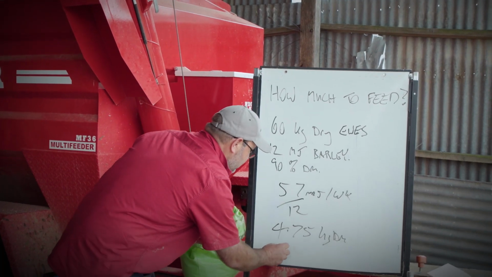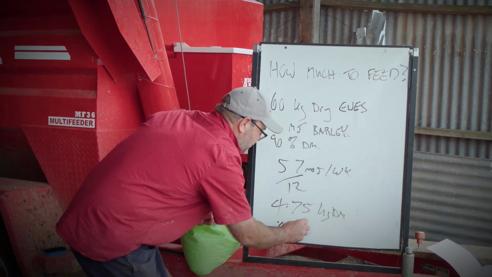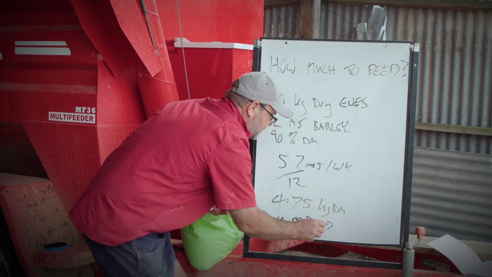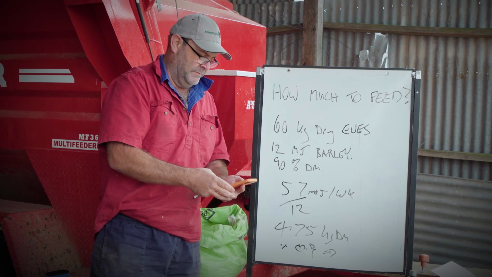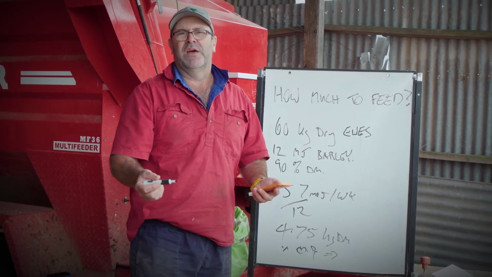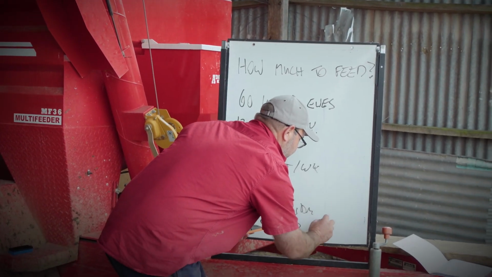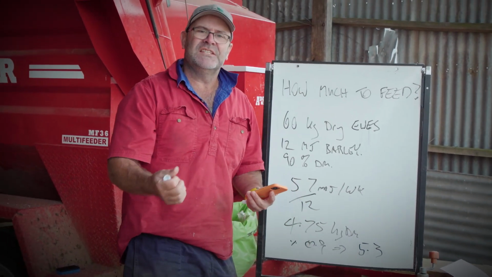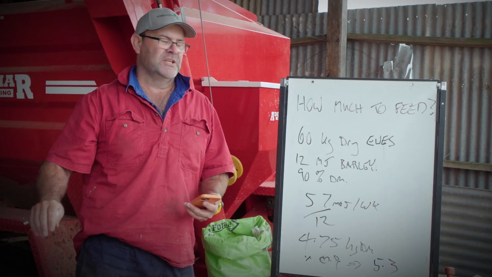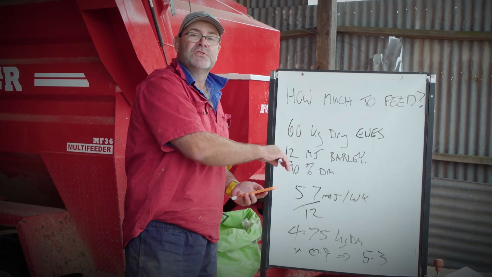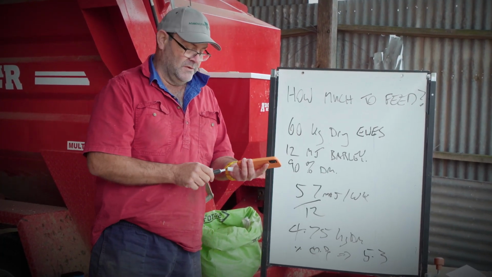So we can divide that by 0.9, which is our 90%. So if I do that, 4.75 divided by 0.9 is 5.3. I've just rounded up slightly there. So on an as-fed basis, so calculating from the dry matter basis to an as-fed basis, we need to feed those ewes 5.3 kilos of feed per week.